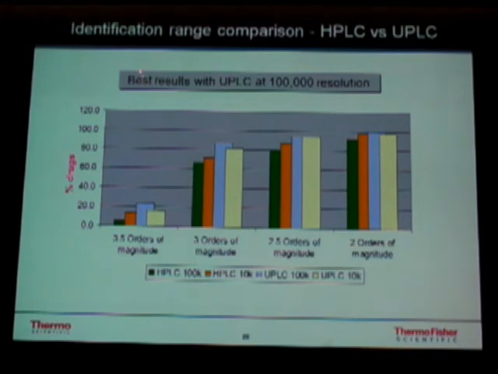So, as a summary of this identification and confirmation, HPLC versus UPLC, you can see the best results were really with UPLC at 100,000 resolution, which is here, right? This one.